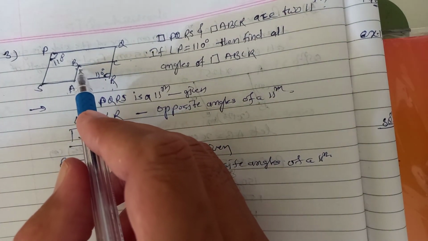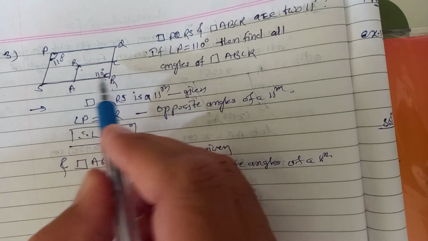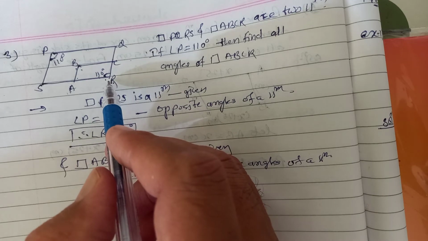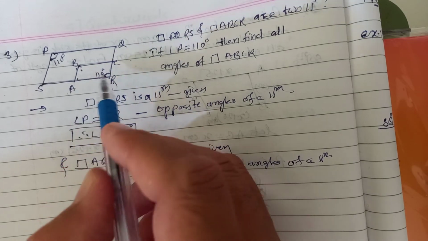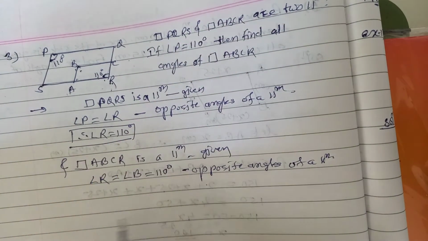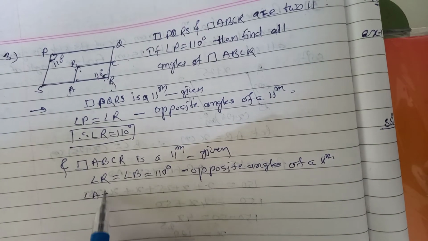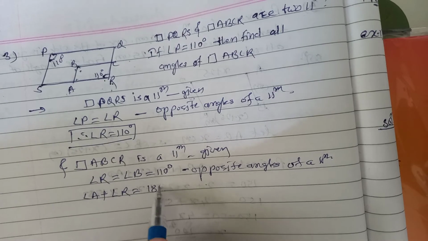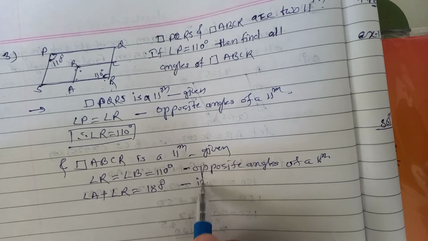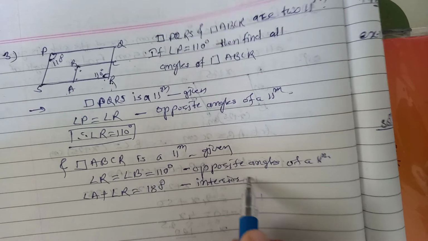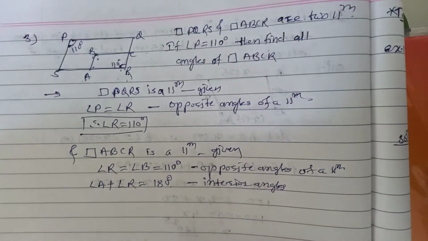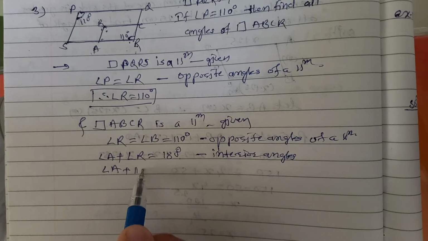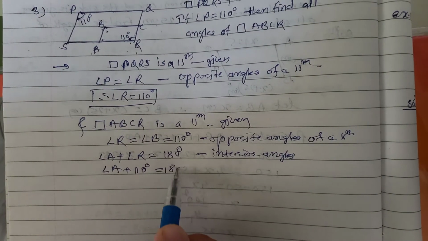Now we know these two or these two you take. These are a linear pair because this is parallel, this is the transversal. Okay, you can consider these two or these two, anyone. Suppose we consider this one. Angle A plus angle R, interior angles, is 180. Write here the reason: interior angles. Okay. Now we know R is 110, so 110 plus A is equal to 180.